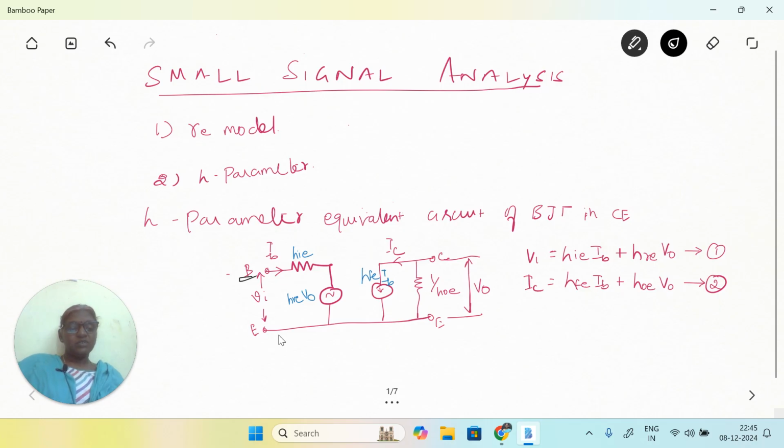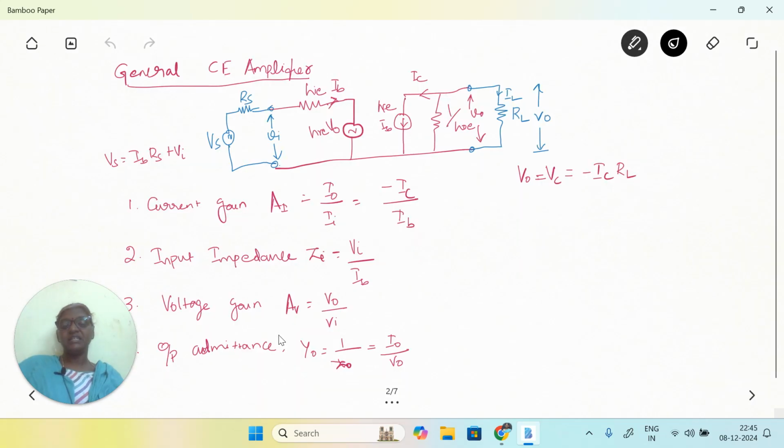When we want to do the small signal analysis of the common emitter amplifier with the h parameter model of the common emitter configuration, we have inserted the source resistance Rs as well as the load resistance RL. The source resistance is connected through the voltage source.